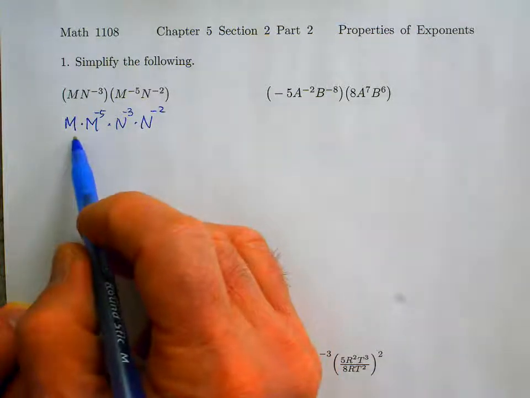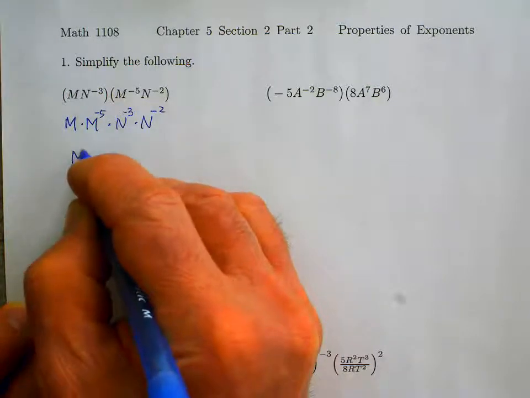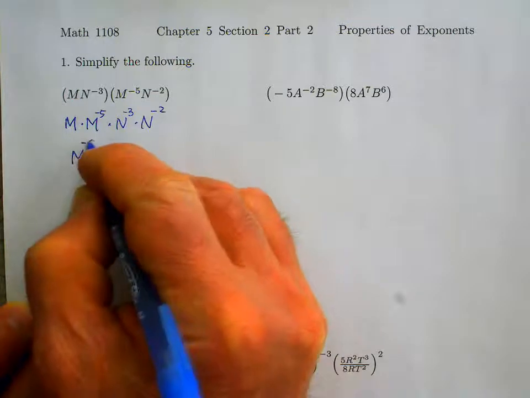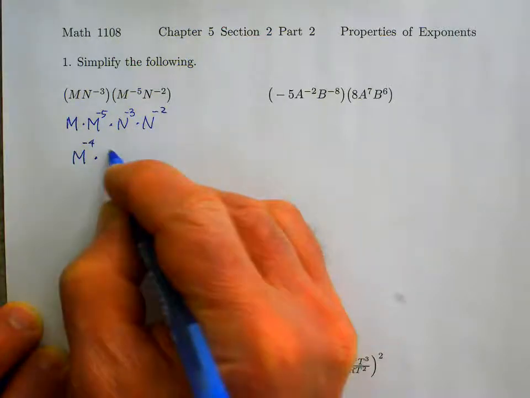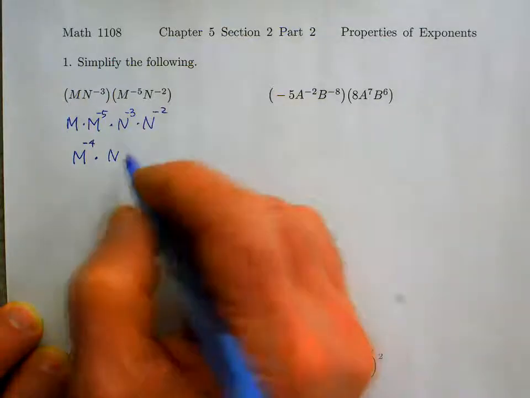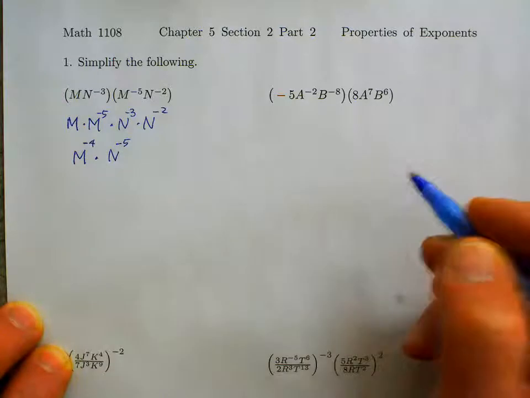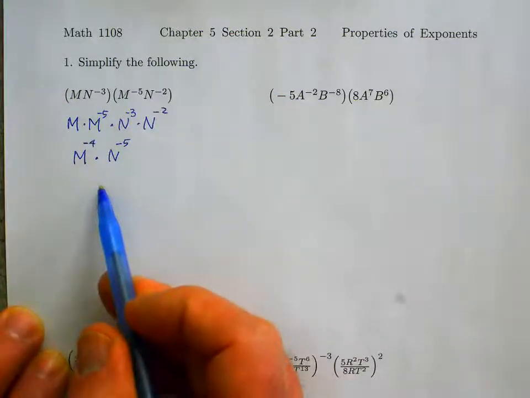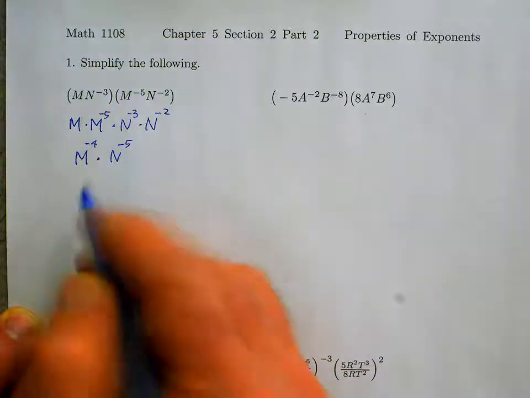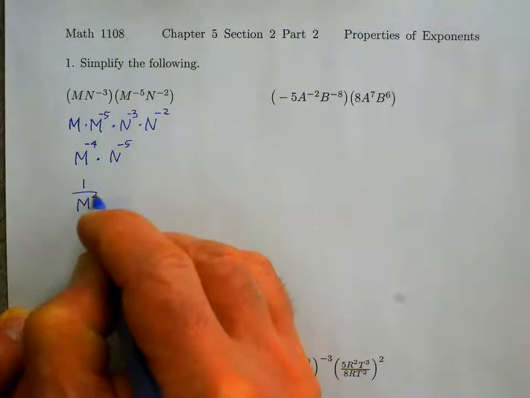Then m to the first times m to the negative 5 is m to the 1 plus negative 5, which is negative 4. And then n to the negative 3 times n to the negative 2 is n to the negative 3 plus negative 2, which is negative 5. In the end, we don't want any negative exponents. So remember that m to the negative 4 is 1 over m to the positive 4.